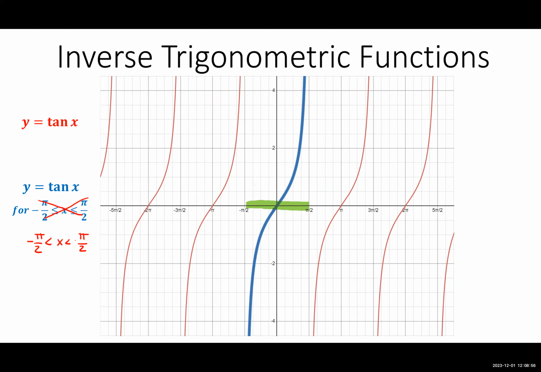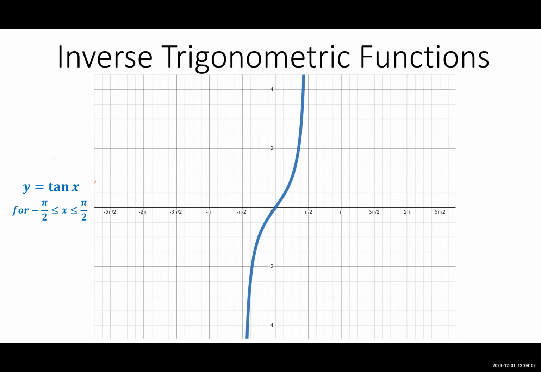That's where the vertical asymptotes are. But we do the same thing. We restrict the domain, and now we have a piece of the tangent graph that is 1-to-1.